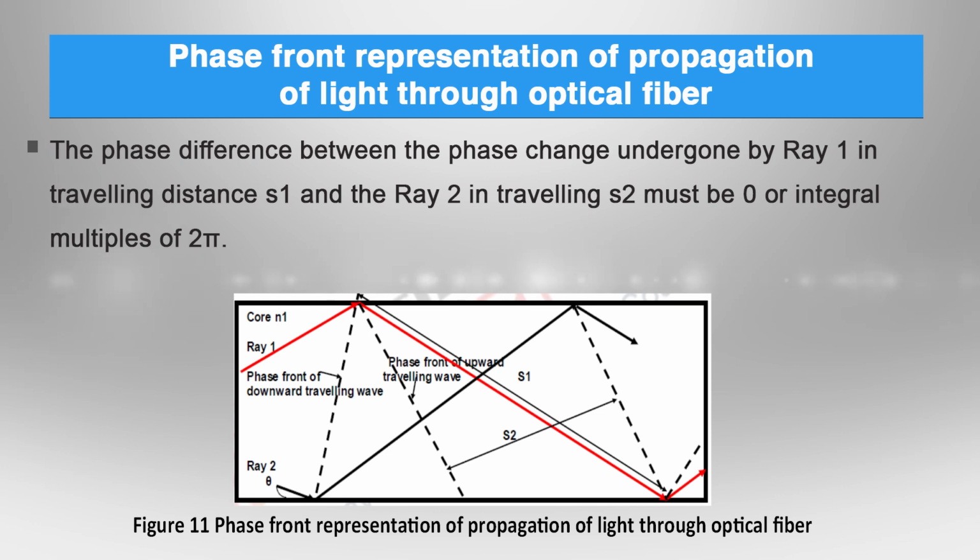Thus, for a sustained constructive interference, the distance between these two phase fronts must be a multiple of 2 pi. In other words, the phase difference between the phase change undergone by the ray 1 in travelling distance S1 and the ray 2 in travelling distance S2 must be 0 or an integral multiple of 2 pi.